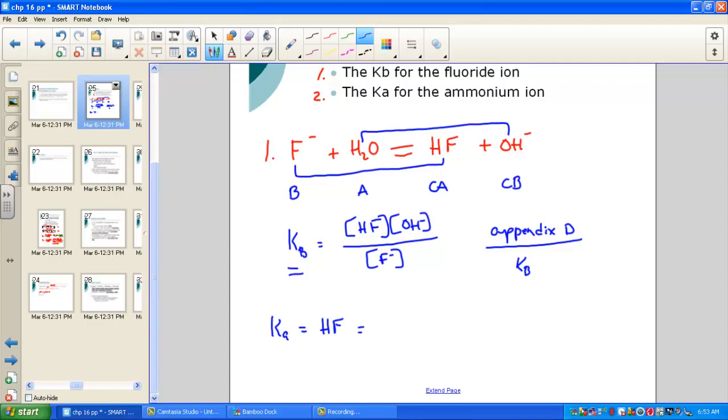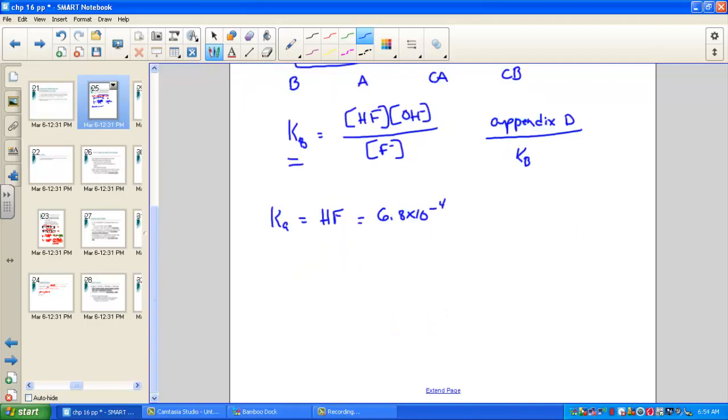That I can find using Appendix D. Skimming through for hydrofluoric acid, HF, looks like 6.8 times 10 to the negative fourth. Yep, I found that right. 6.8 times 10 to the negative fourth. There's its Ka, but we need to transfer that into a Kb.